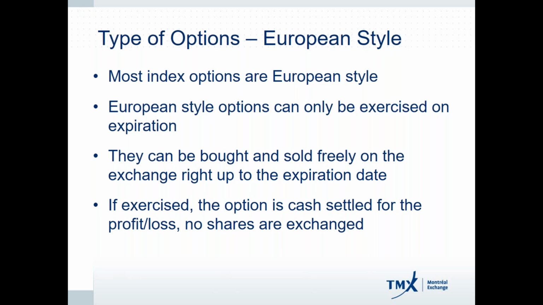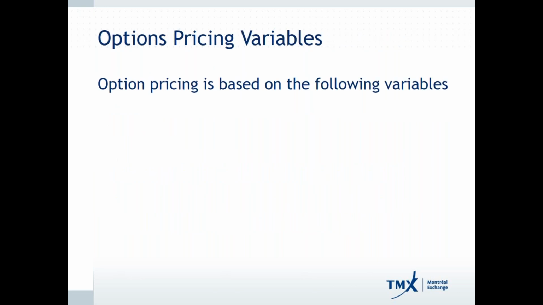A lot of advanced traders like these European style options, such as the S&P 500 index or the SXO, the Canadian TSX 60 index, because by being European settled, when they're doing advanced option combinations such as spreads or butterflies or other things like this, they know that they're not going to get exercised early on one leg of their trade, and a lot of them like it this way.